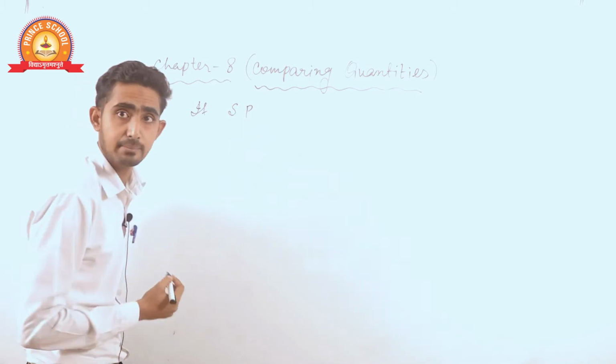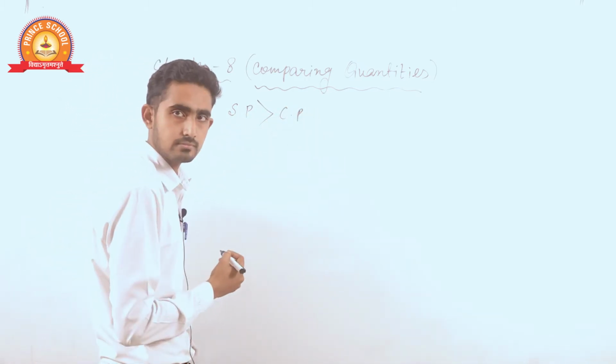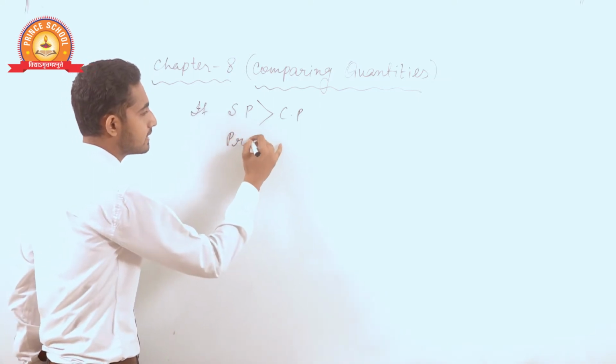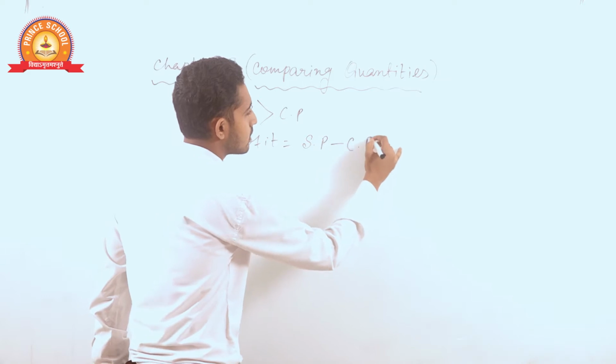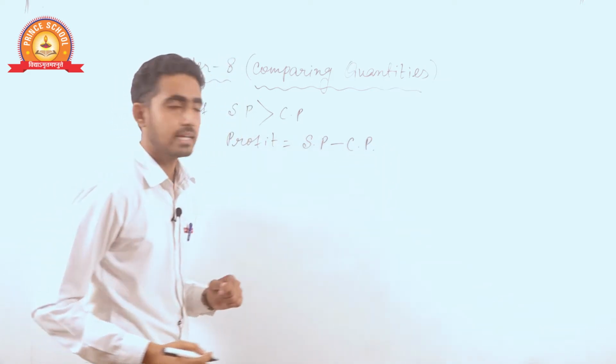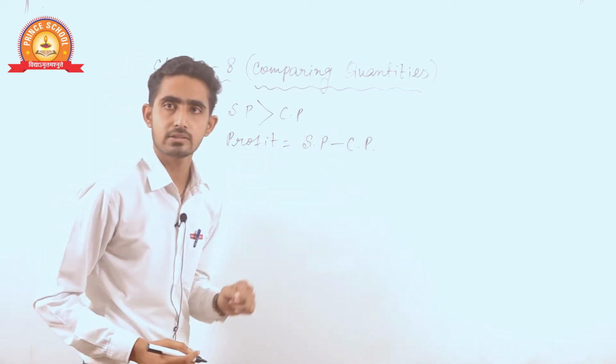SP, that means selling price, is greater than cost price, that means profit is equal to selling price minus cost price. Always remember, if selling price is greater than cost price, then profit is equal to selling price minus cost price.